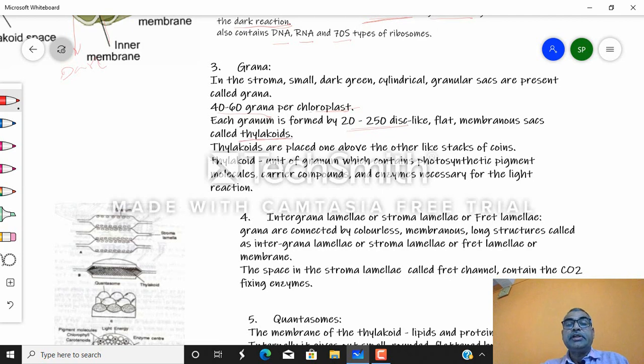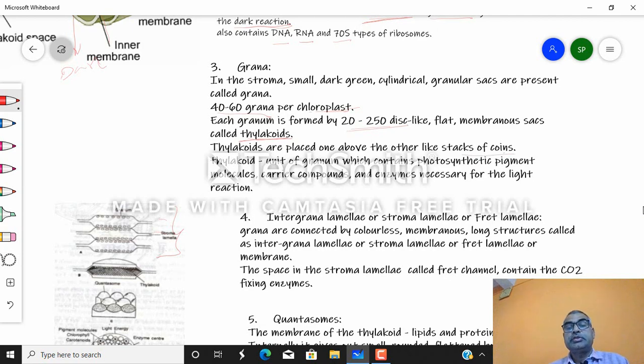So grana lamellae and thylakoid are the same words. Thylakoids are placed one above the other like a stack of coins. If you see here, this one is the part of a granum region where thylakoids are arranged one above the other like a stack of coins.